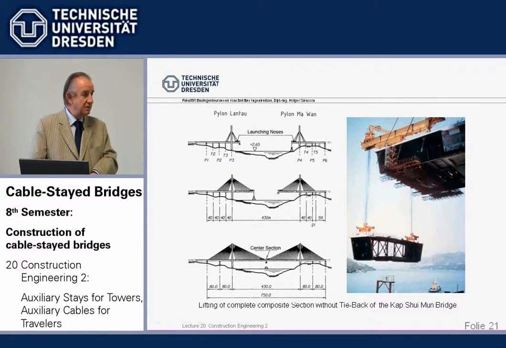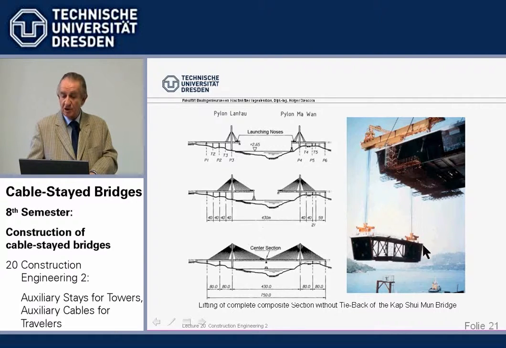There we know that with very little additional, we can lift the full weight with this lifting beam supported by 2 cables back. And that was done. We see it here. It's one of the heaviest elements ever lifted. I mentioned it before because it's composite.